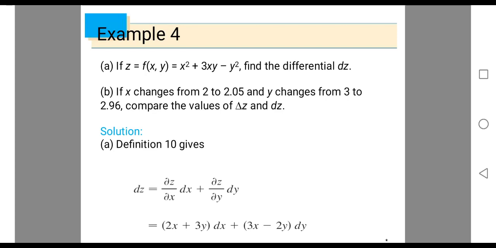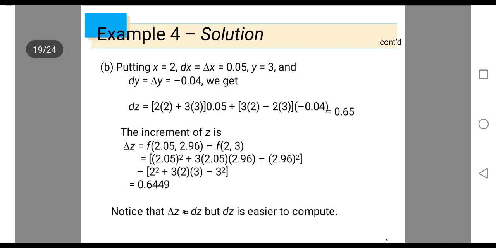Now we're dealing with part b. It says putting x is equal to 2, and dx is equal to delta x, which is 0.05, and y is equal to 3. Our dy is equal to delta y, and this value is going to be minus 0.04.